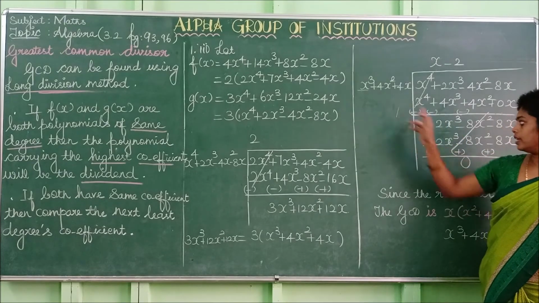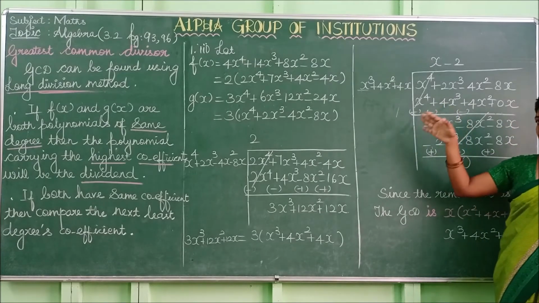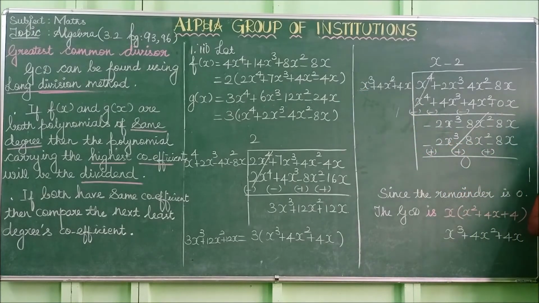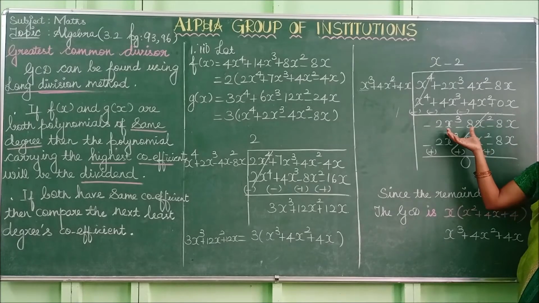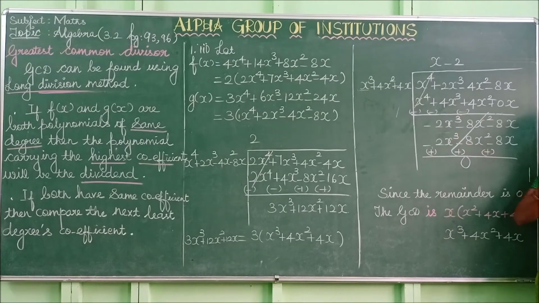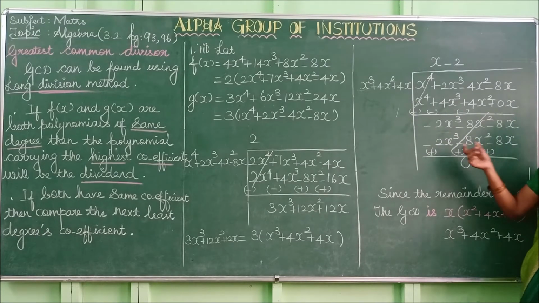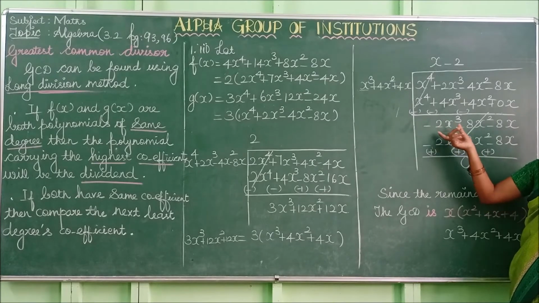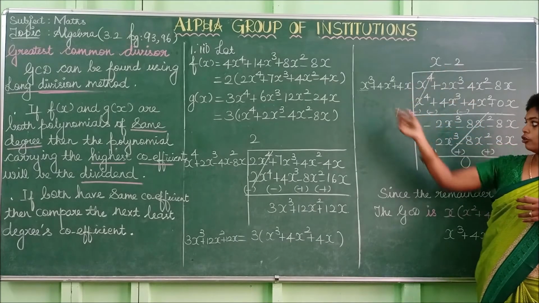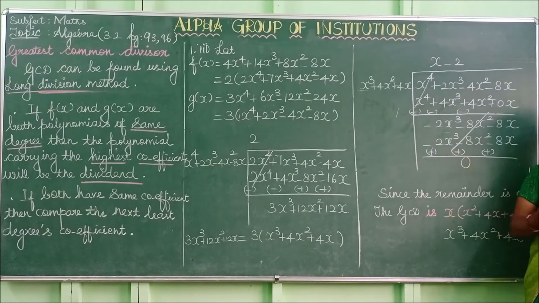Then listen, here also look at the values of x power. Here also x power 3, here also x power 3. Look at the coefficient. Here the coefficient is 1, here the coefficient is 2. So you can continue the step because this is the highest value, this is the lowest value. If the highest value is inside, you can divide again. So you have to put minus 2 into x cube, which is minus 2x cube.